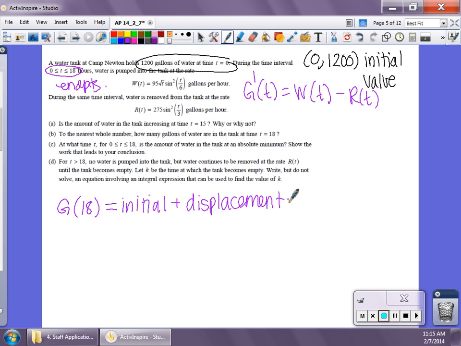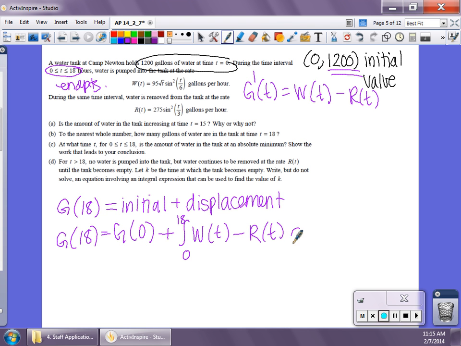So if I have a rate, but I want the original function, then I need an integral. Integral means I'm going to need an initial value. So that was g of 0, which is what I'm calling this function g, plus the displacement, which would be from 0 to 18 of g prime, but I'm going to use what they have. Are there any questions on part B?